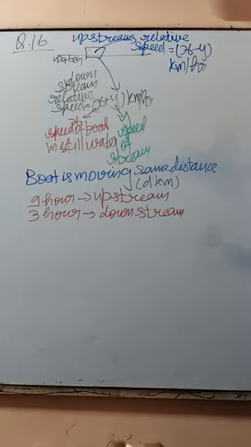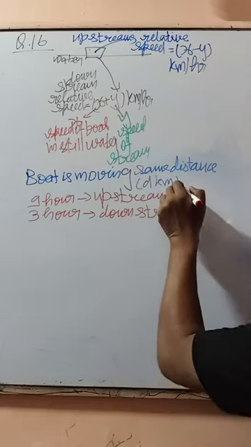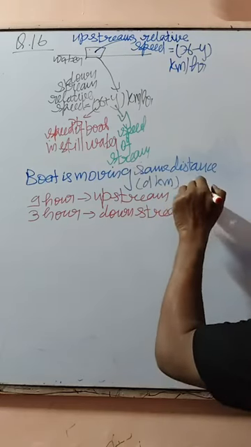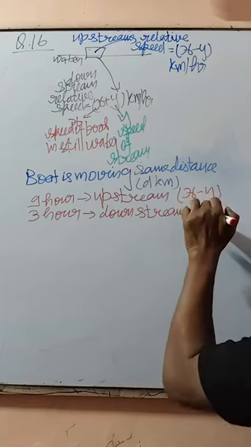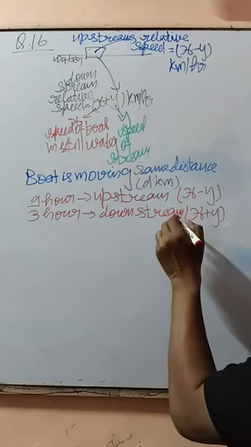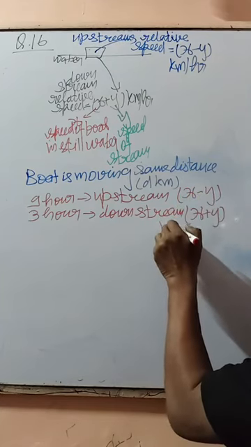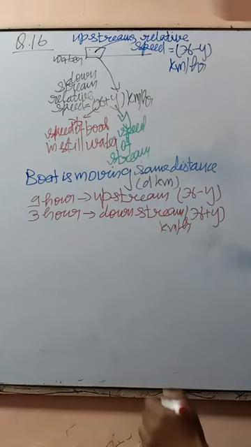Right? Yes, sir. Upstream means x minus y, and downstream is x plus y. The unit is kilometers per hour.